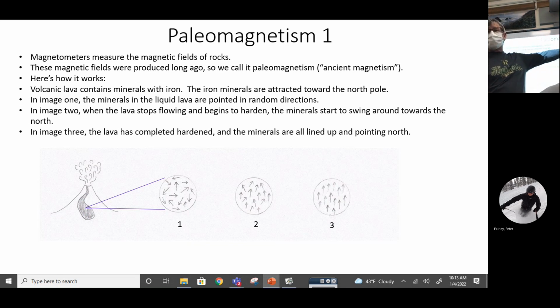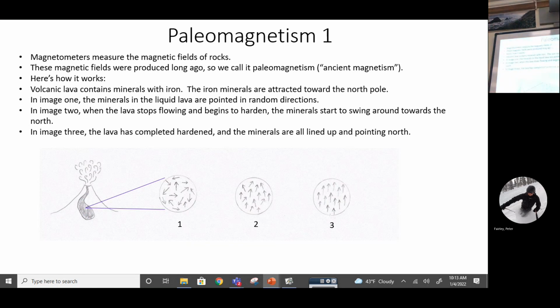Ancient magnetism. So we can use this device called a magnetometer. Again, it has meter in there, which means we're measuring something, huh? Magnetometer to measure the magnetism in rocks, like this one. And here's how it works.